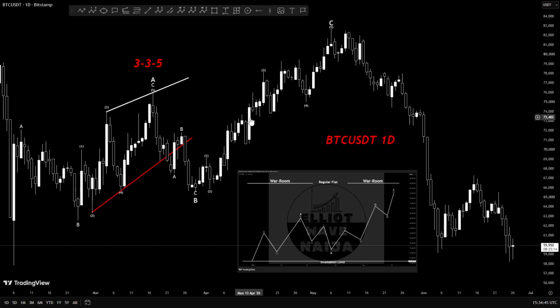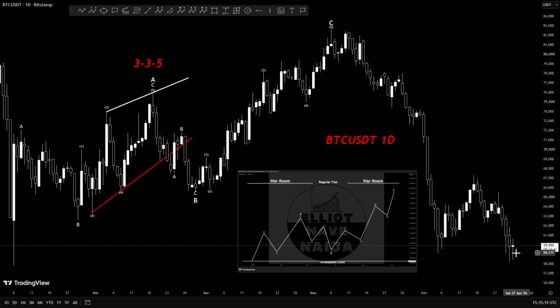So when you look at it now, you see clearly that it is the exact same thing that you're looking at right now, which is a regular flat. That is exactly what unfolds on this chart, where we have A, B, and C. That is how we know that Bitcoin will go all the way down to this stage, because after a corrective structure completes, we are going to have a continuation.